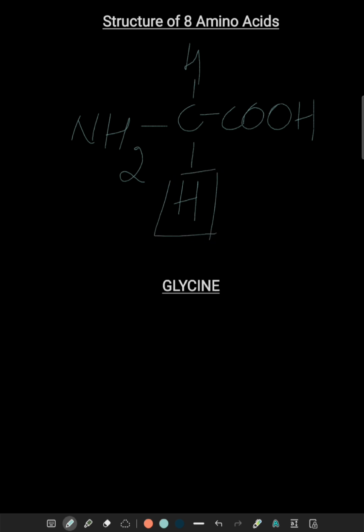Glycine is denoted by a one-letter code, G, or by GLY. This is the three-letter code and this is the one-letter code. We must be familiar with both, because usually they don't give us the full name, so we have to understand by the three-letter code.